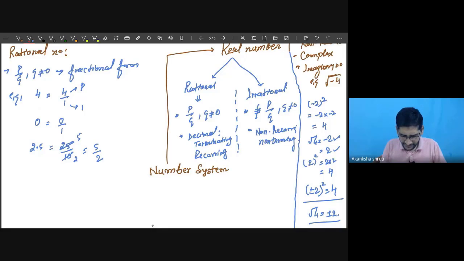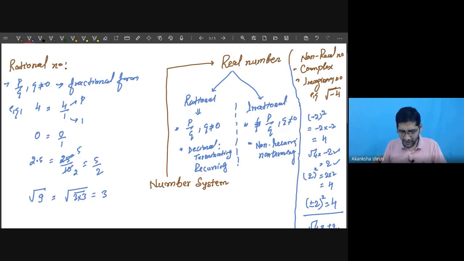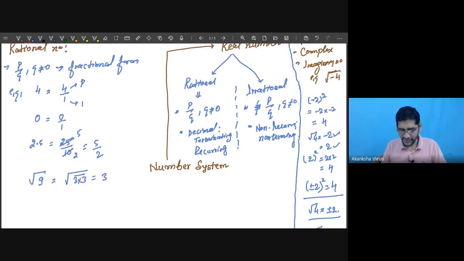Okay, students, if it is asked what is root 9, whether it is rational or irrational, here this can be taken as 3 into 3. So 3 can be taken out, and it becomes 3. So under root 9, which is a perfect square, is also a rational number.